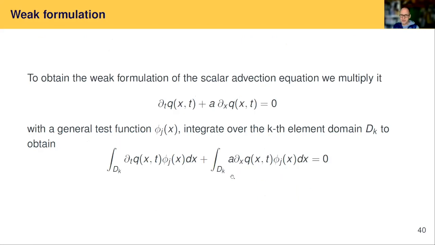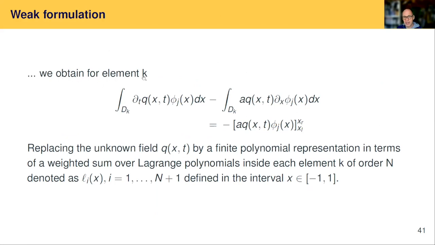The rest is very similar. This is now a weak formulation. You have the scalar advection equation. We multiply it with a test function phi j, which will be Lagrange polynomials. That's the same here. And for element k, on an elemental scale, we obtain this equation here. What is different now is we have this antiderivative here.